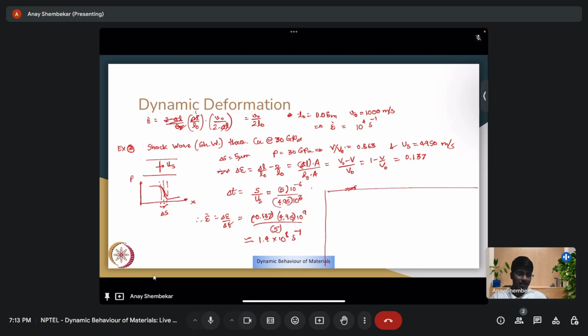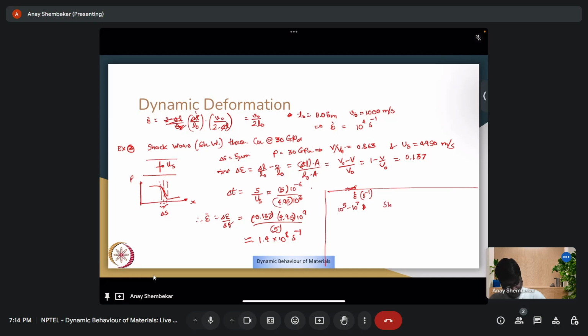Using these three examples, not exactly using these three examples, we have a general classification for different dynamic deformation phenomena based on the strain rate. So the typical values associated with it are epsilon dot 10 to the power 5 to 10 to the power 7 per second, everything is second inverse.